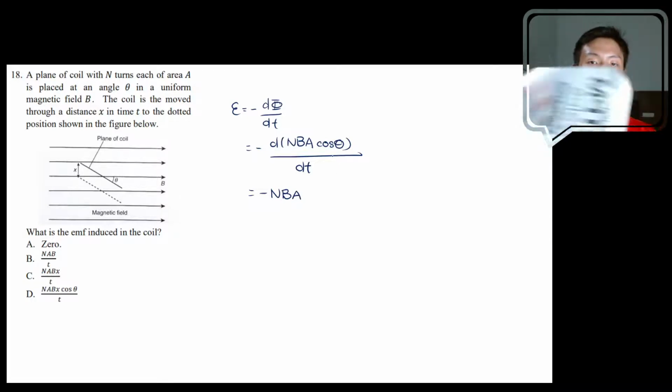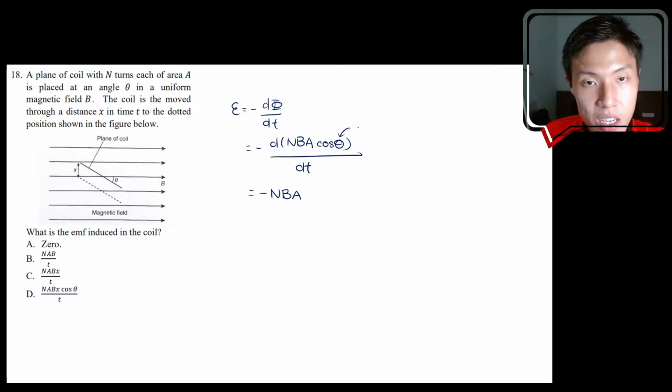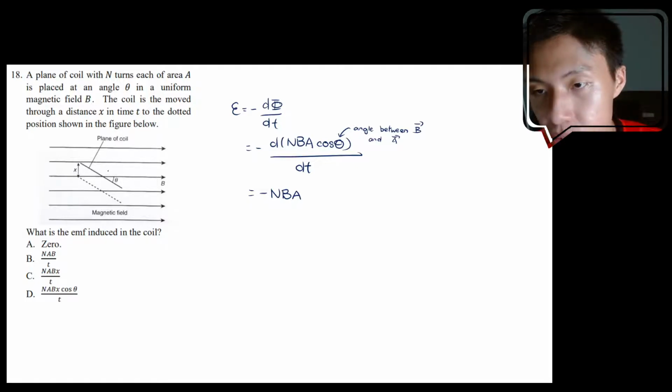Okay, the theta here should be the angle between B and A. Your B is pointing to the right and your A should be pointing in this direction.